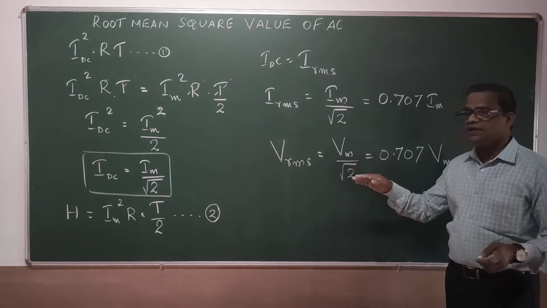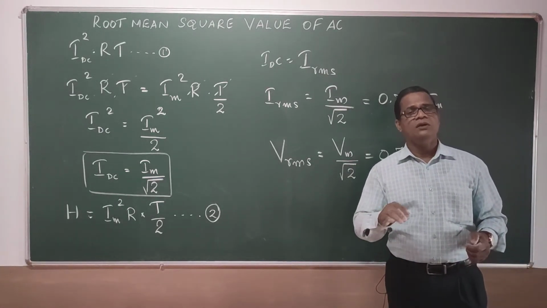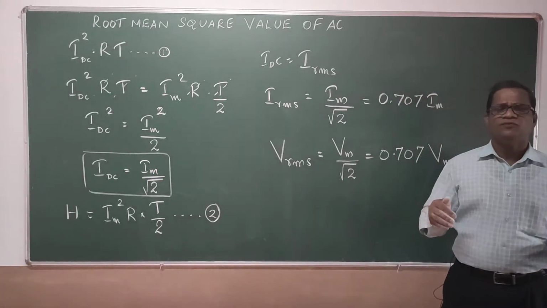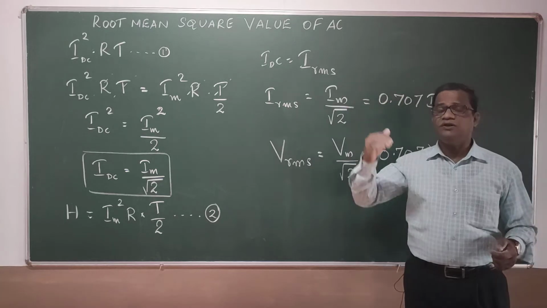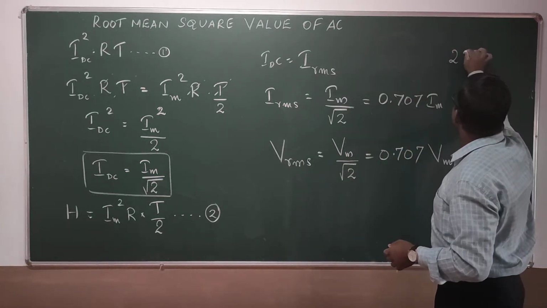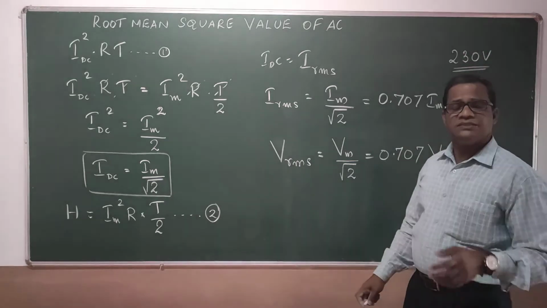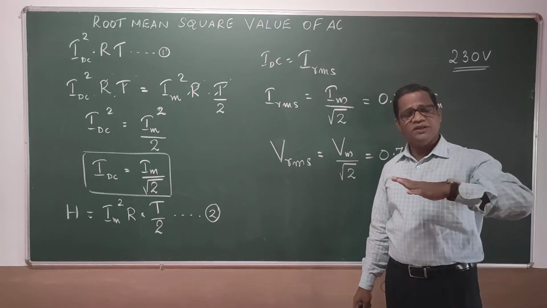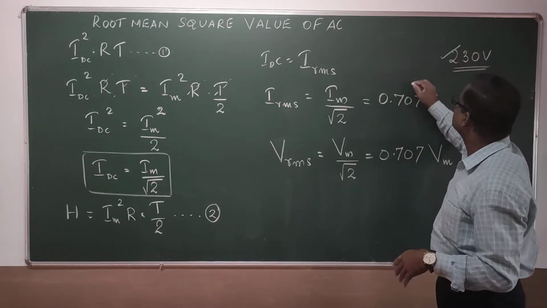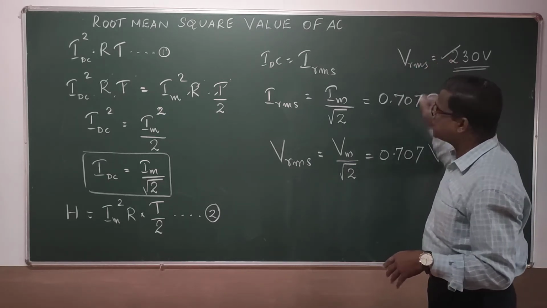So it can be treated as the constant value for the AC supply. And you can see that for transmission and the house supply, we are getting the voltage value of around 230 volt AC. This 230 volt will remain almost the same, and this 230 volt supply is actually the V RMS we are saying.